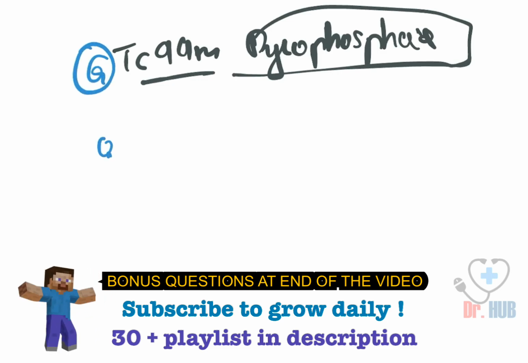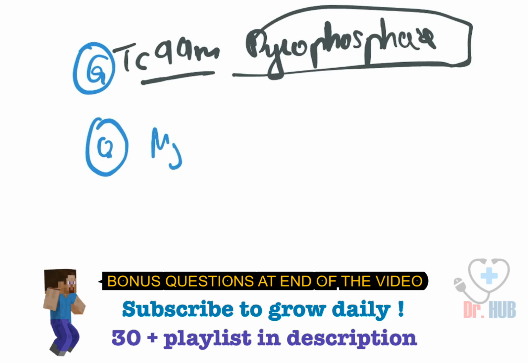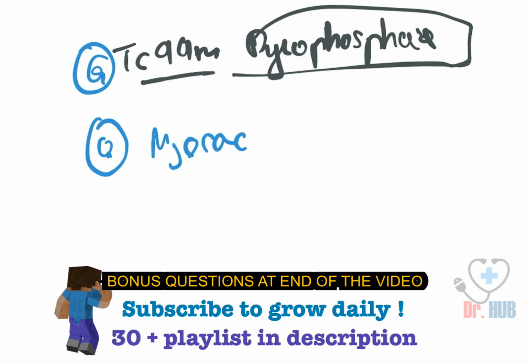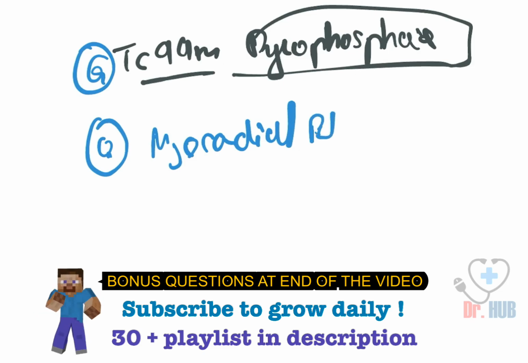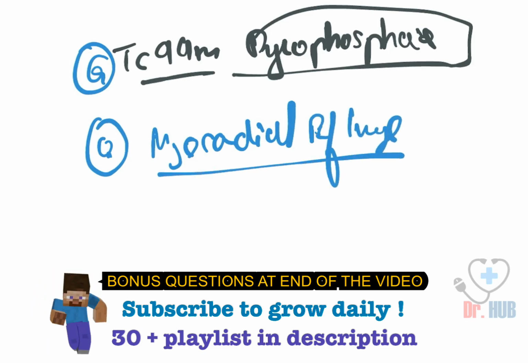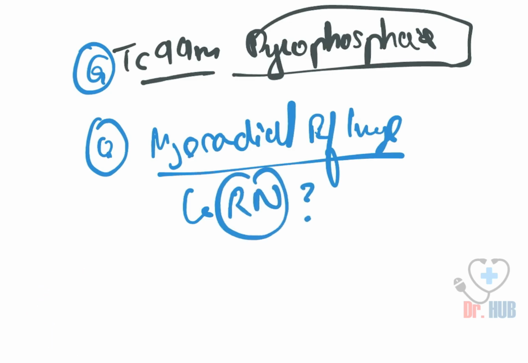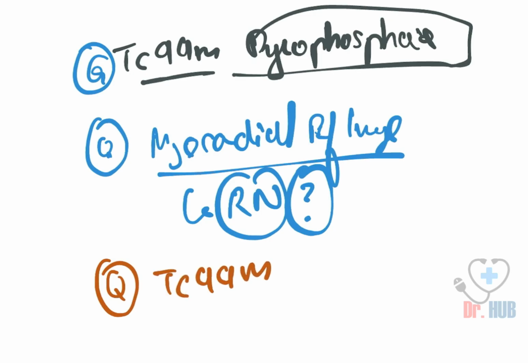Second question is, in case of myocardial perfusion imaging, what is the radionucleotide used? The last question we want answered in the comments is, what is the use of TC99M human serum albumin?